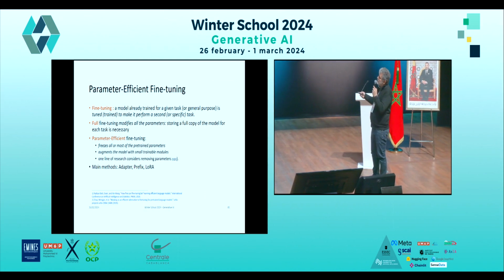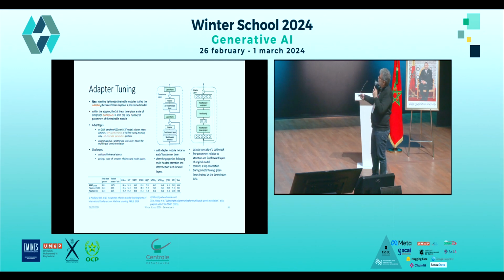And there is what we call augmentation by smaller models with much fewer parameters, and combining the previous frozen model with the small fine-tuned model gives better results. The main methods there are the adapter, the prefix, and the LoRA.